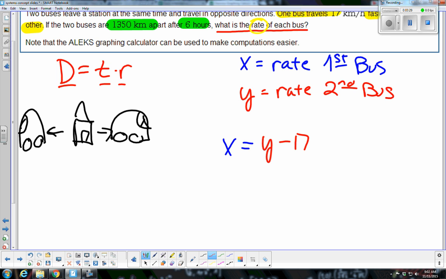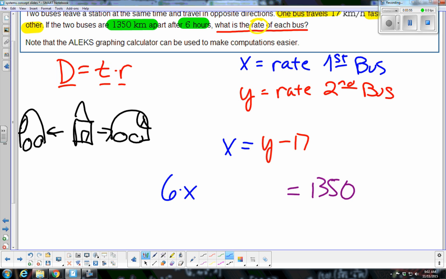Rate is our variable, so how are we going to represent that? We're going to say our distance, 1,350, is equal to the rate of the first bus times the time. So my first bus is x times the time he was going. Well, he was going for 6 hours.